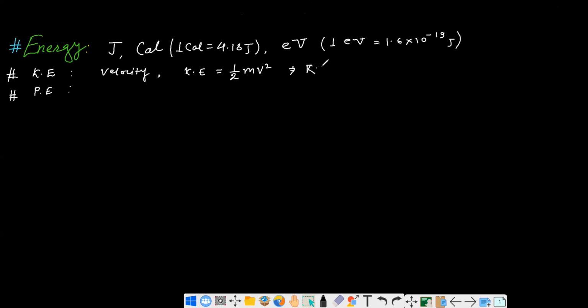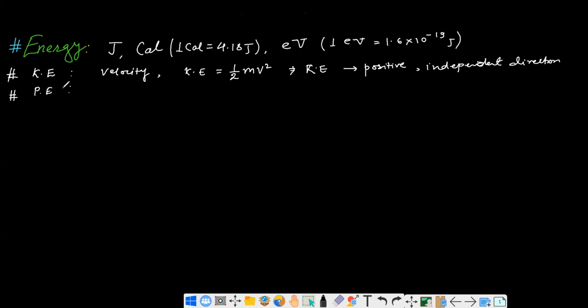It will always be positive. And this kinetic energy does not depend upon any direction. So it is independent of direction. Simply it depends upon the magnitude of the mass and the velocity.